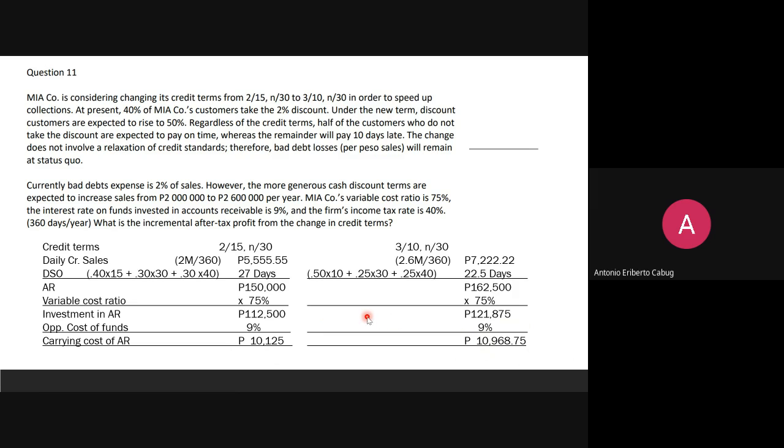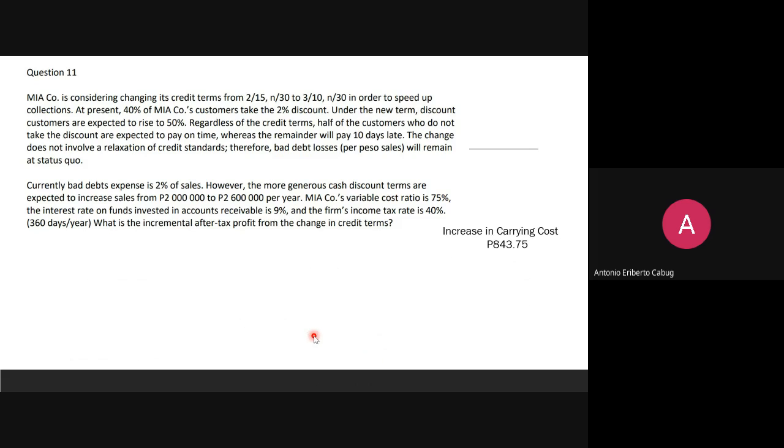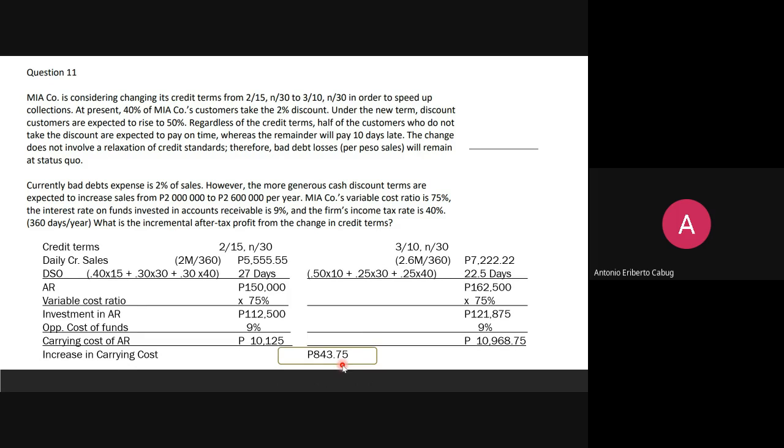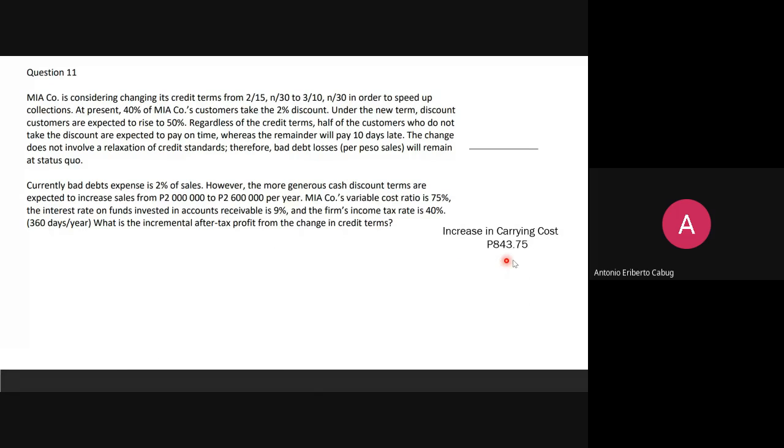So, yung carrying cost ng AR tumaas ng 843.75. Memorize nyo yan, ha? Carrying cost of AR, 843.75. Itatabi ko lang muna to dito.